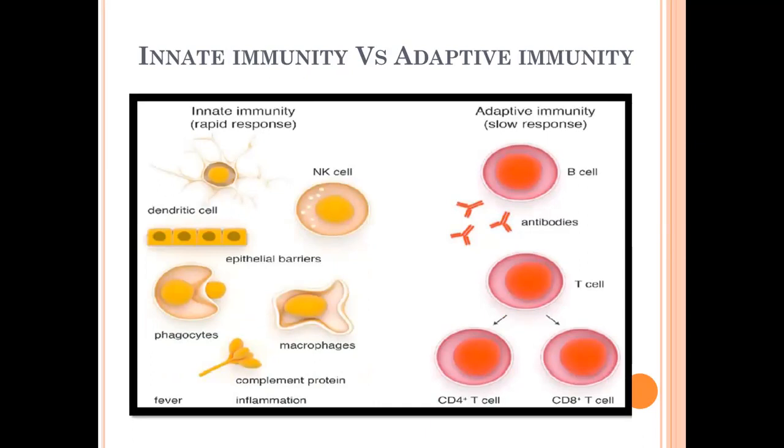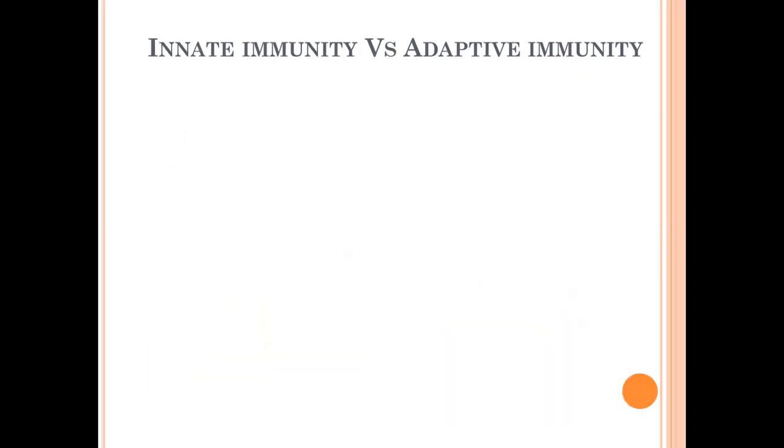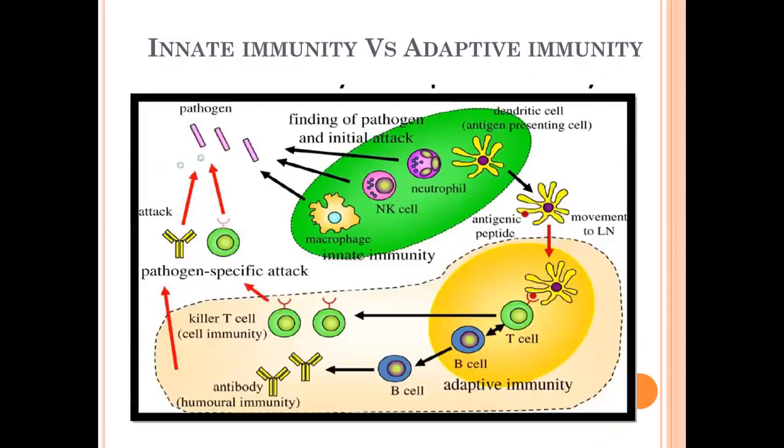Whereas the adaptive or acquired immunity takes time and has a slow response. B lymphocytes form antibodies, and T cells are also activated, so there will be two types of immune responses which are slow to develop. So this is how it is.